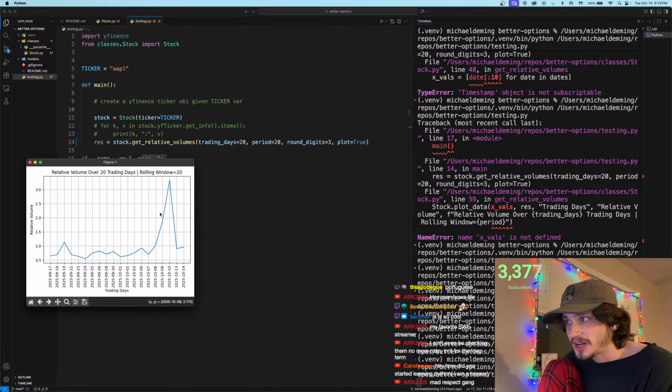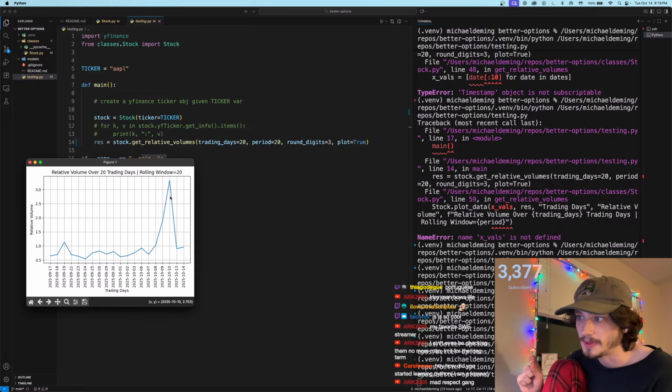So this could have been a clear indication for us to try to catch that move that happened on Friday. That crash that happened, we could see in this chart that our relative volume starts to drastically increase past 1.5 into the 9th, into 2 on the close of the 9th.